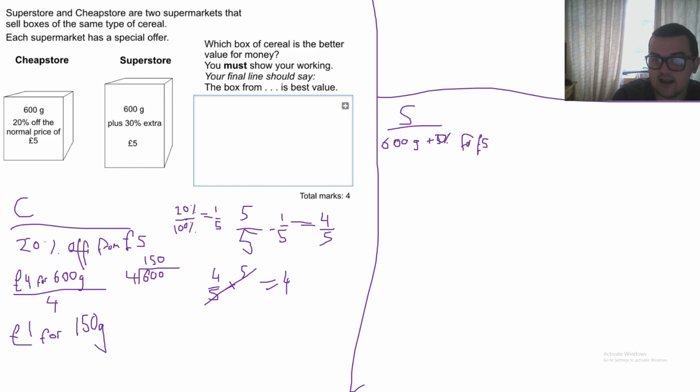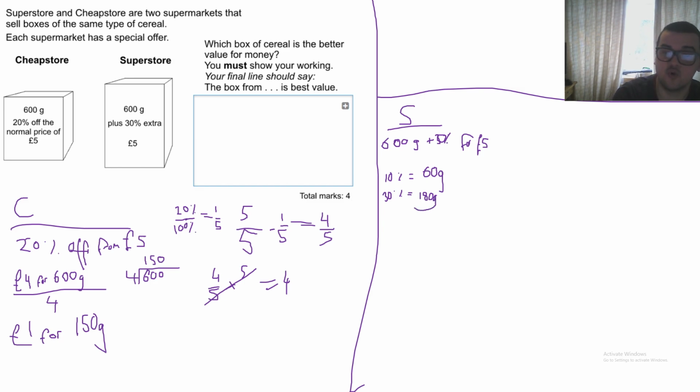So let's work out 10%. How do you work out 10%? Well, you just divide by 10. So 10% of 600 is going to be 60, because we're going to cross out one of the zeros. So 10% equals 60 grams. For 30%, we're going to times by 3. 6 times 3 is 18, 0 times 3 is 0, 180 grams.